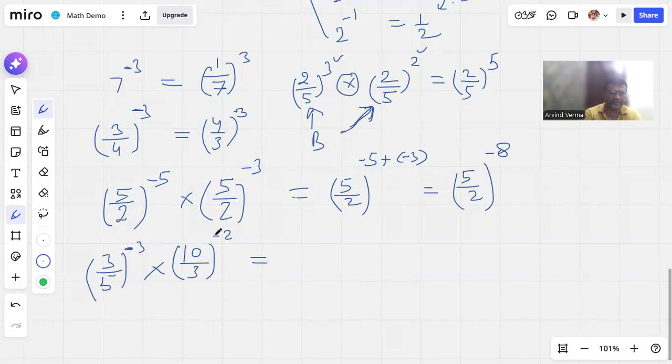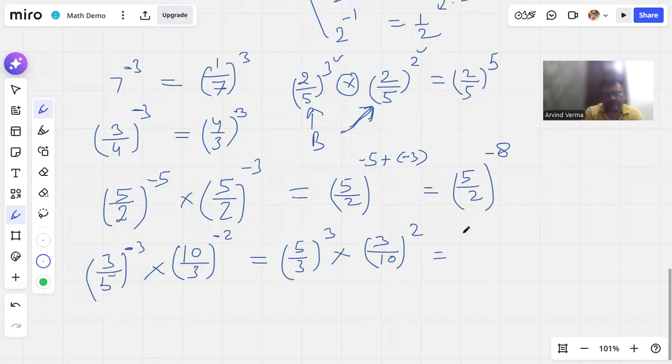How do we get rid of negative exponents? We have to reciprocate the base. The reciprocal of 3 upon 5 is 5 upon 3, raised to the power 3, times the reciprocal of 10 upon 3, which is 3 upon 10, raised to the power 2.